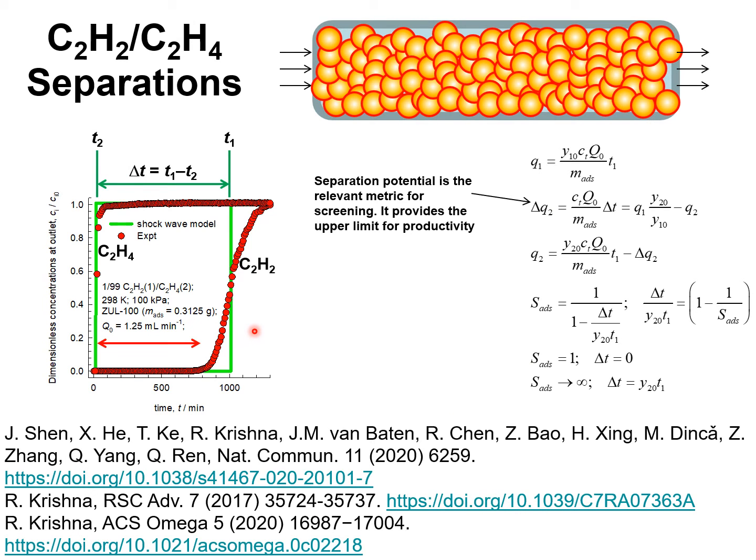Having established the accuracy and applicability of the IAST for describing ethyne-ethene mixture adsorption equilibrium in ZUL 100, let us proceed to determine the metrics that describe mixture separations in a fixed bed adsorber.